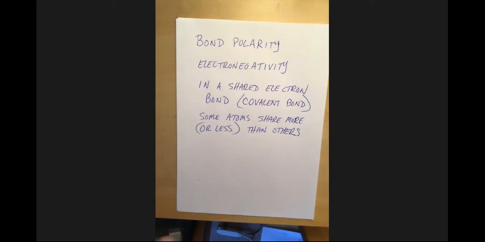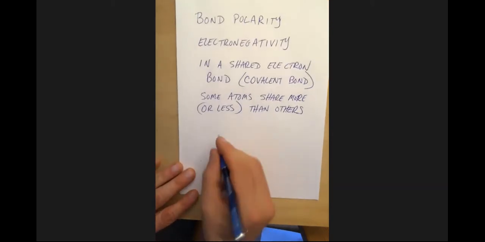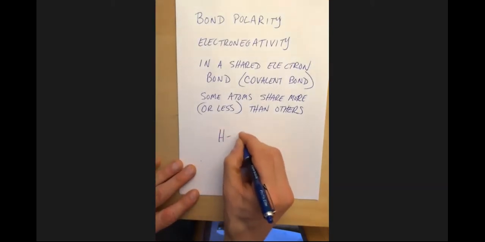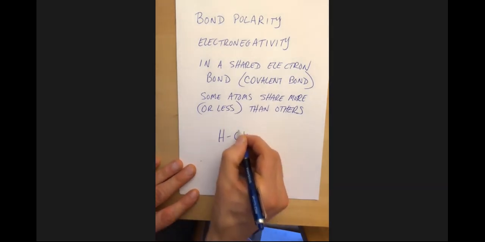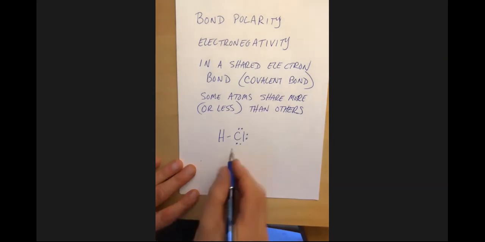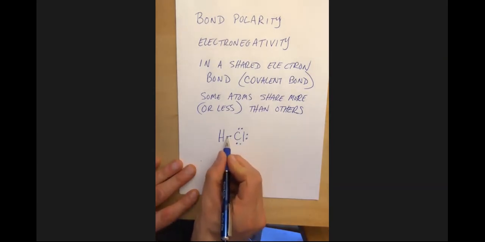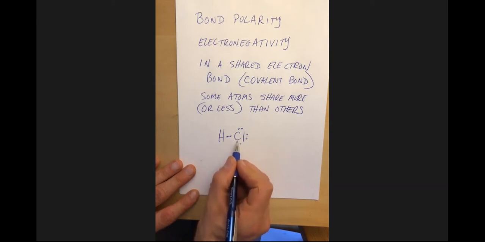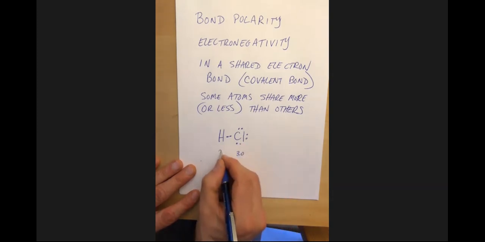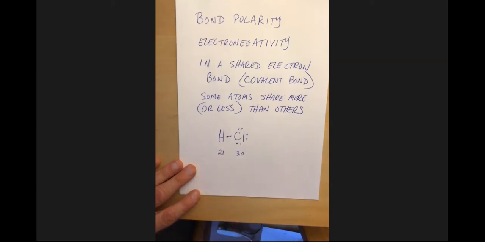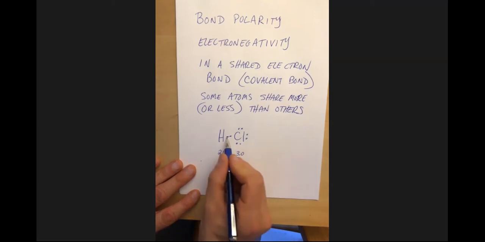All right, so let's look at some molecules. Here is hydrogen chloride. Depending on how we draw the Lewis structure, here are 2 electrons inside a shared bond between the hydrogen and the chlorine. And if we look at the table of electronegativity values, we'll see that chlorine is 3.0 and hydrogen is 2.1. What that means is that those 2 electrons don't spend all of their time being equally shared.